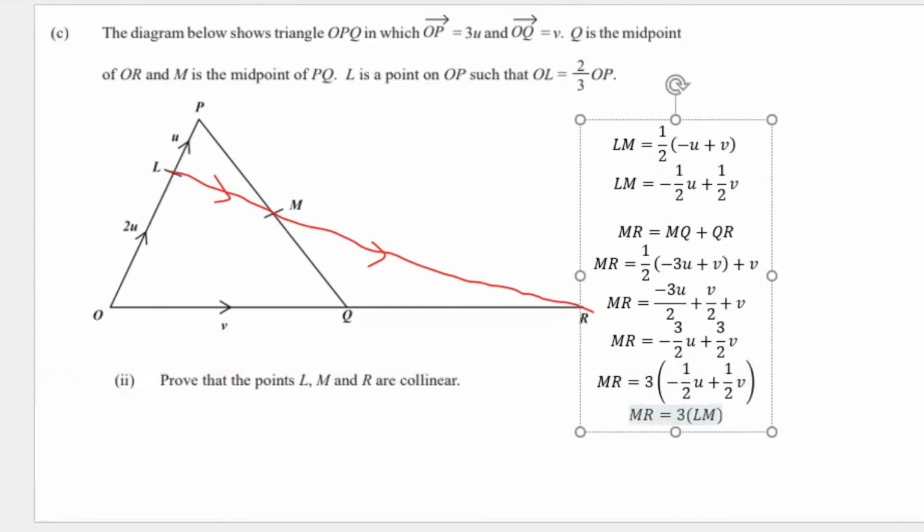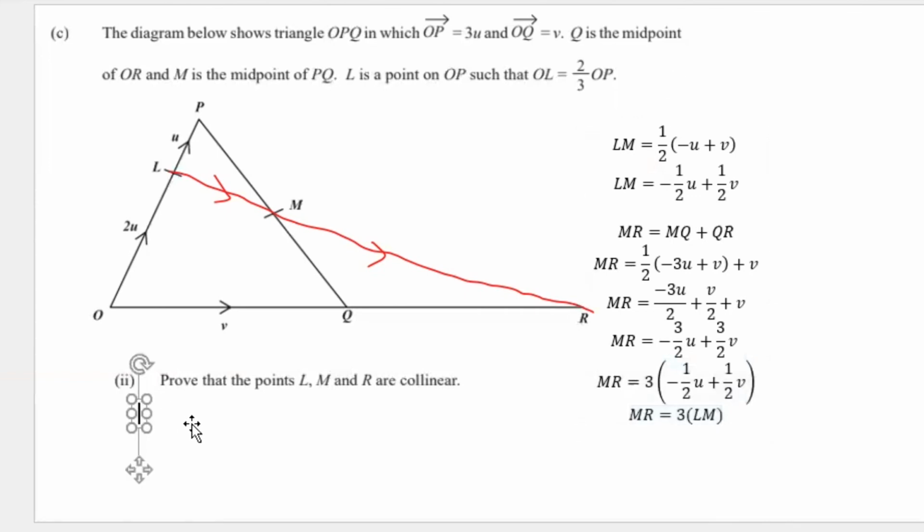And that is how we prove that our lines are parallel, and also that they are collinear. So MR is parallel to LM because MR is a scalar multiple. So this is now what we're writing for the answer, and we're just concluding with our statement.